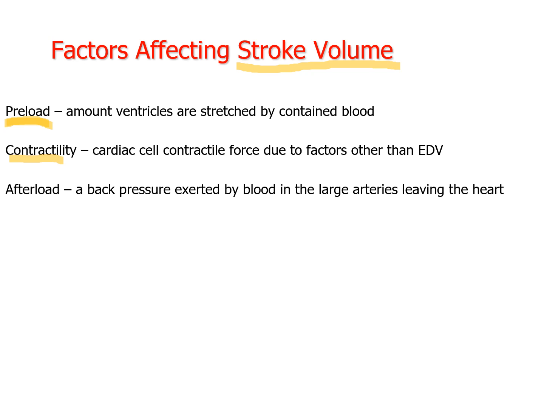Contractility is contractile force due to factors other than that filling. The first key factor in stroke volume is preload, how much the whole thing is filled up. Then the actual contractility of the individual cells, how contractile they are. And also afterload is an important variable affecting the stroke volume.